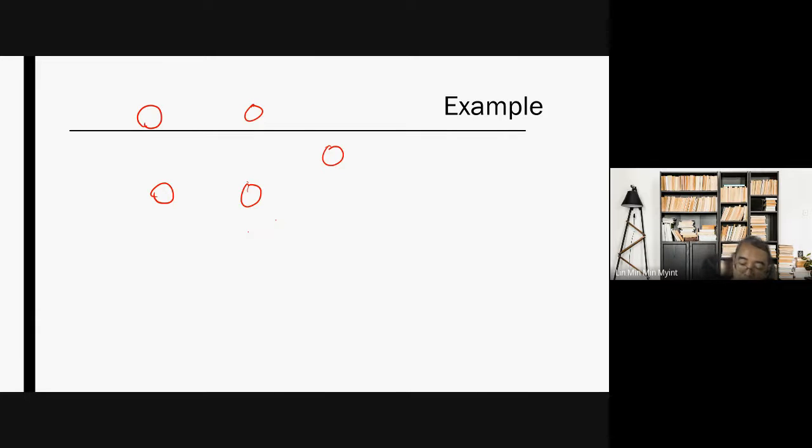Okay, and then this is the fully connected. Nodes are connected like this.